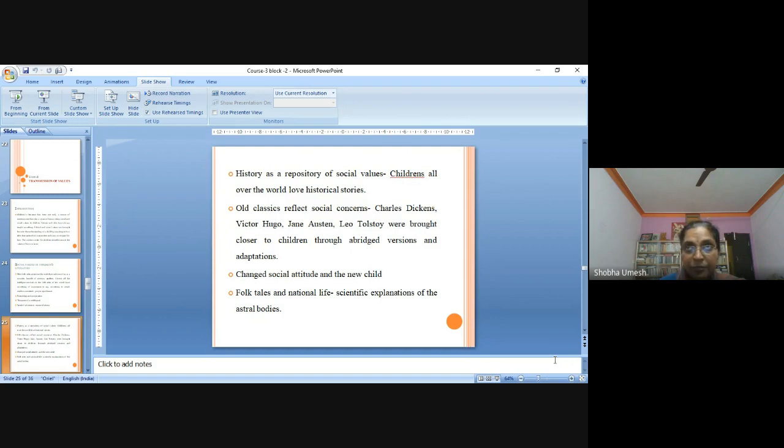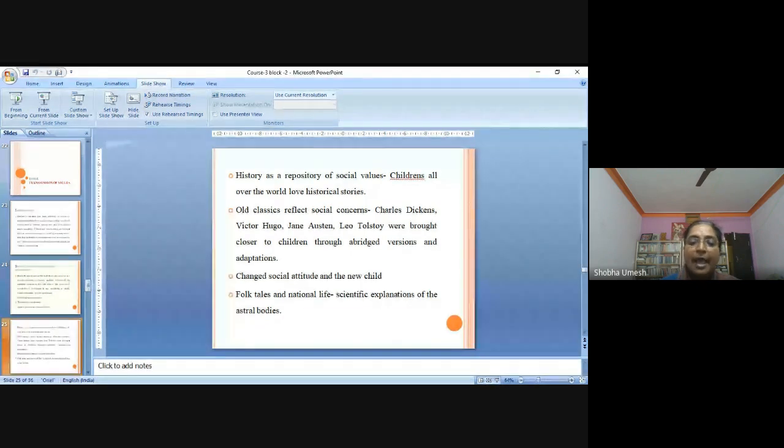Though they wrote for elders or teenagers or adults, those stories were brought down to the understanding of children by abridged versions also. The classical stories also had certain social concerns in their writing.